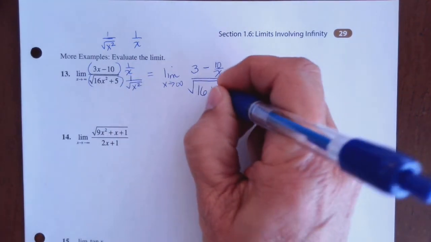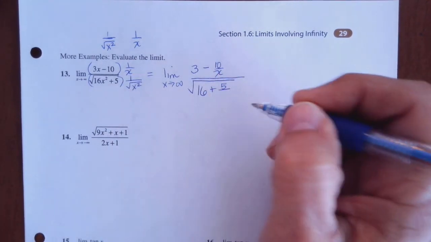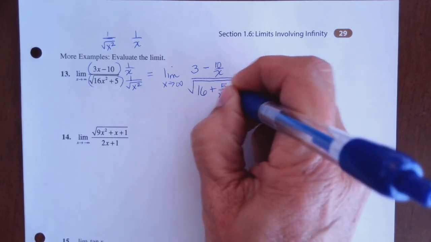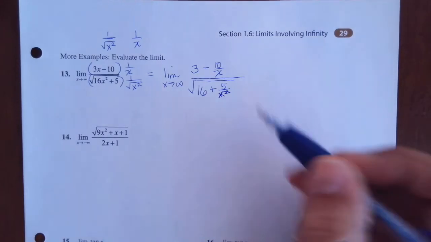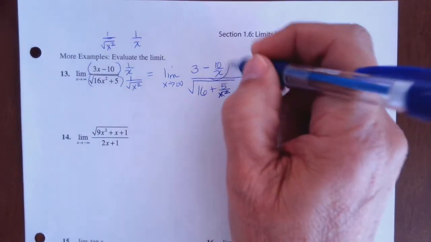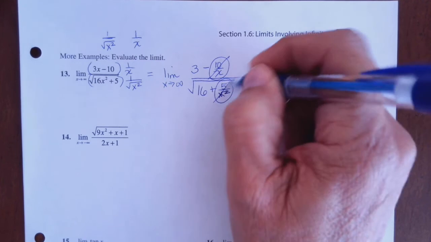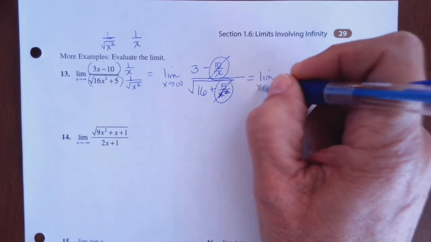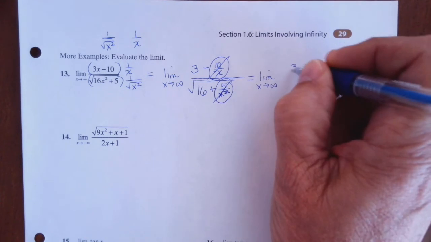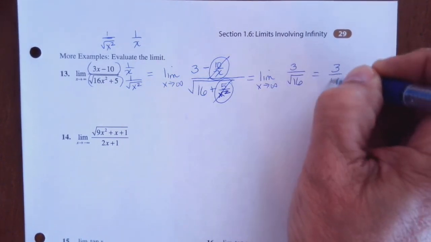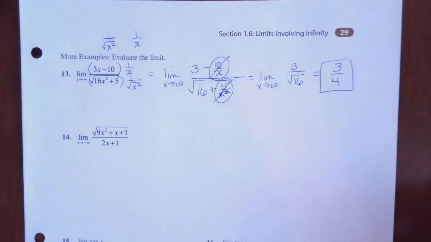Then 5 over x squared, already under the radical. Anything over x goes to 0. So we are left with the limit as x approaches infinity of 3 over the square root of 16, which gives you 3/4.